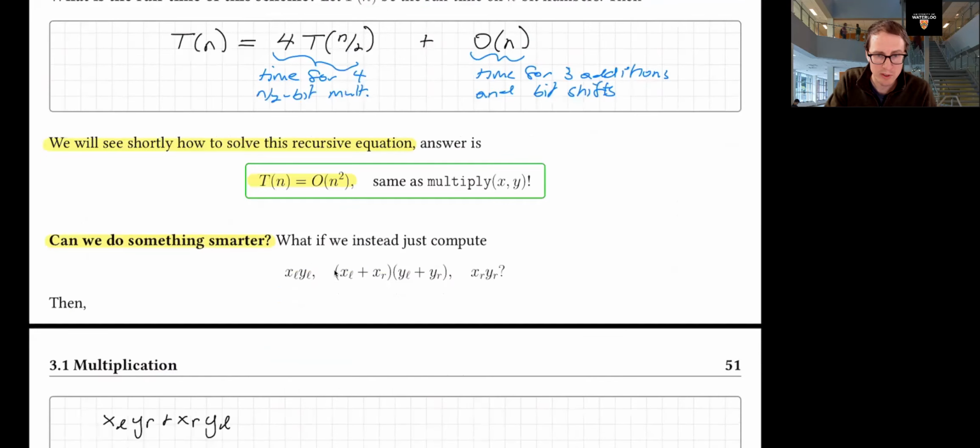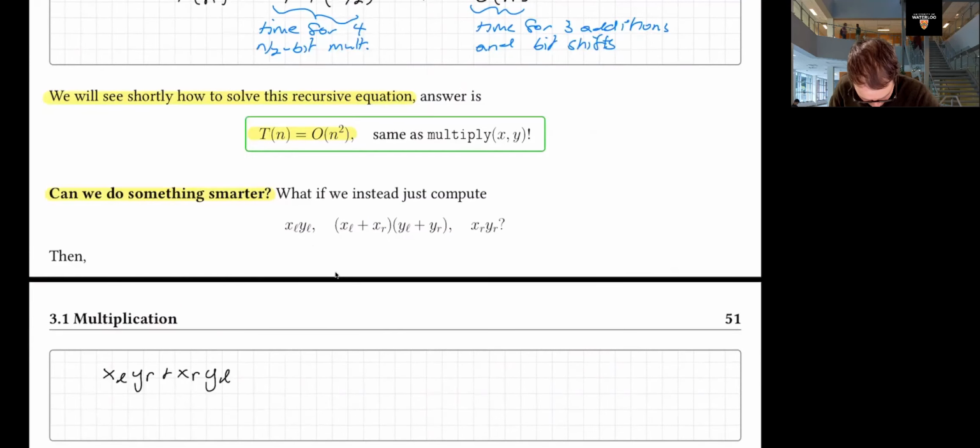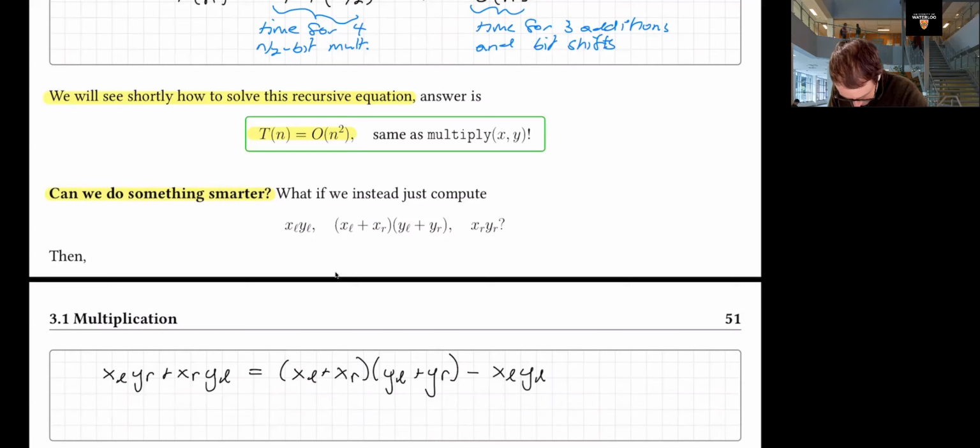It can be computed from these as x left plus x right, times y left plus y right, minus x left y left, minus x right y right. And so this is what we want, and these are all things that we have.